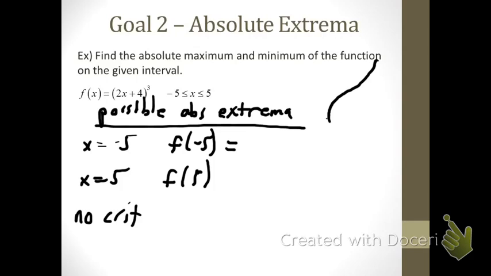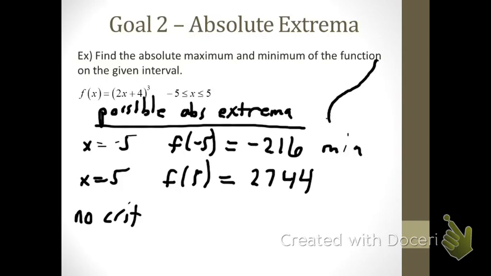All right, f of -5 ends up being -216, where f of 5 ends up being 2,744. Well, pretty easy to determine which is the max and which is the min there.